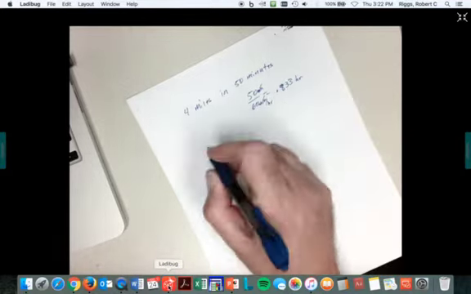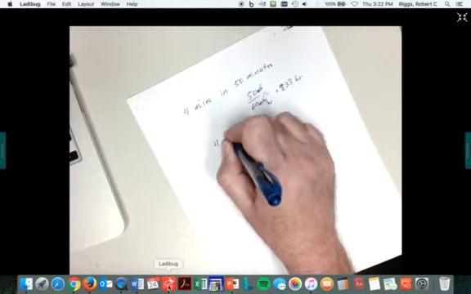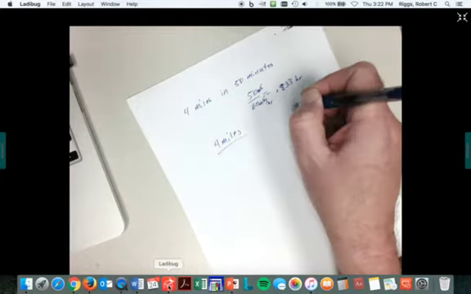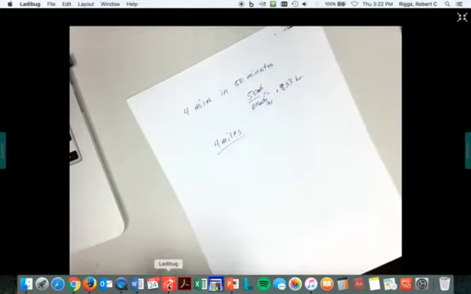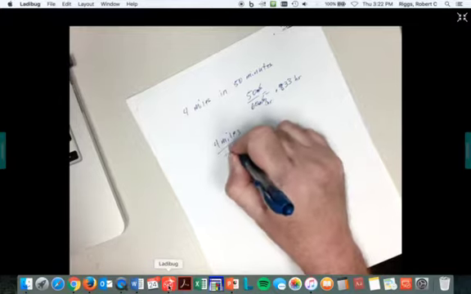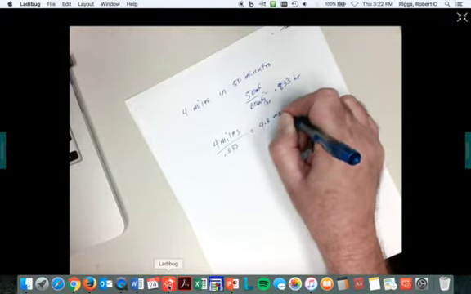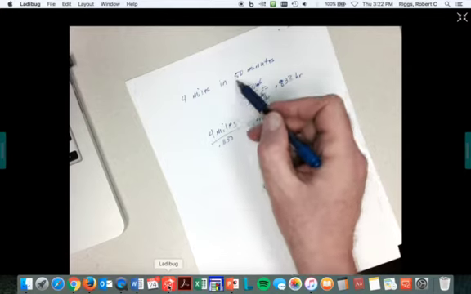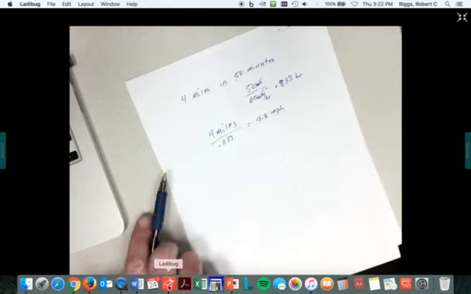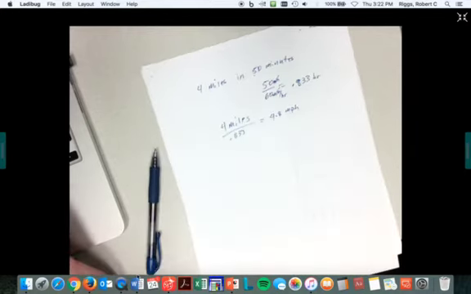I take my 4 miles and divide by 0.833, and I'm running about 4.8 miles per hour, which makes sense because in an hour I'll be at about the 0.8 mark, 4.8 miles. That is how you do those.